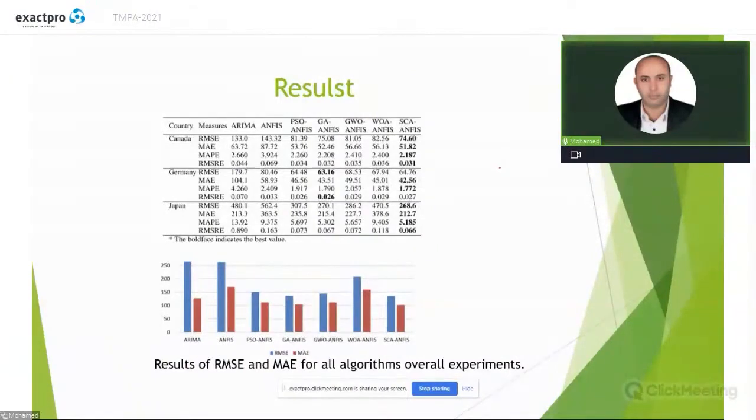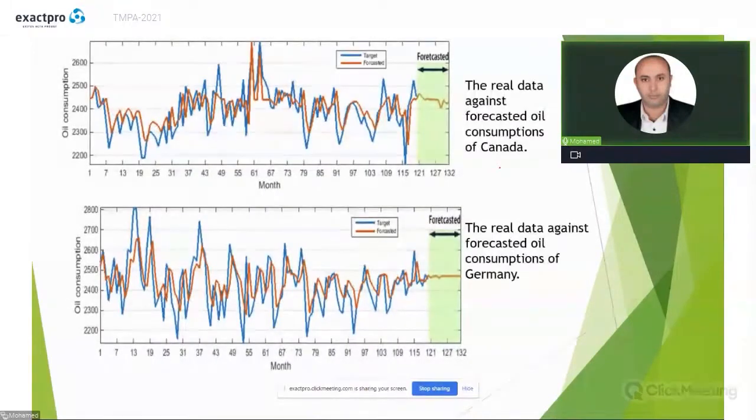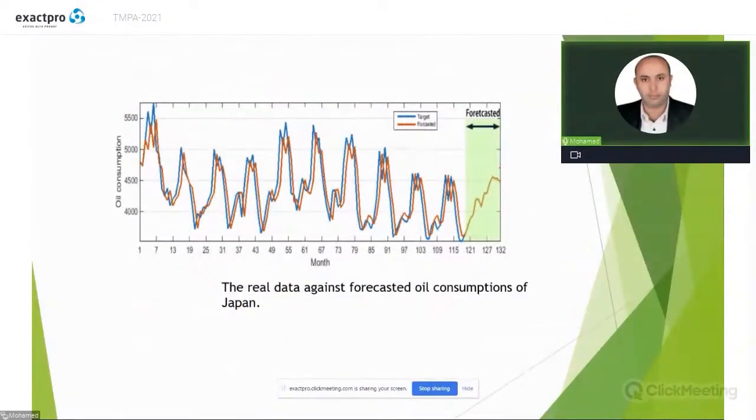From these results, we found that the combination of ANFIS and SCA can provide better results than other techniques combined with ANFIS, especially the genetic algorithm that we used before for other applications. And this is the real data compared with the forecasting for each country.